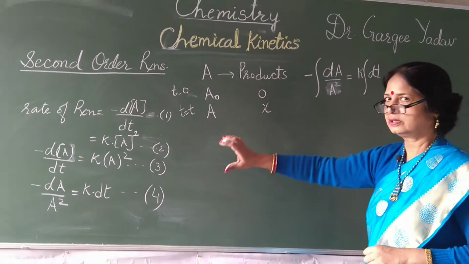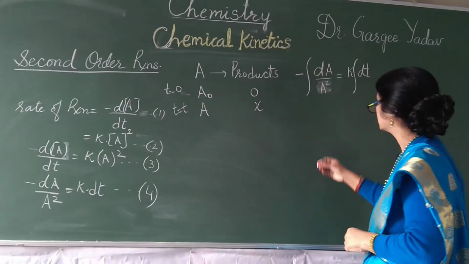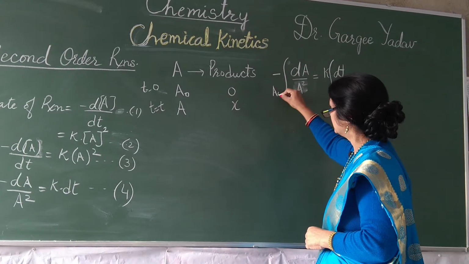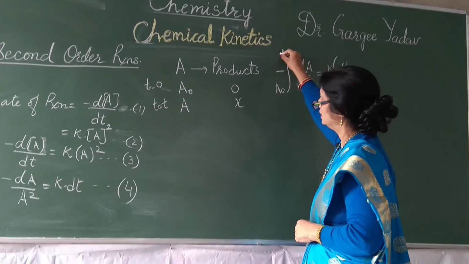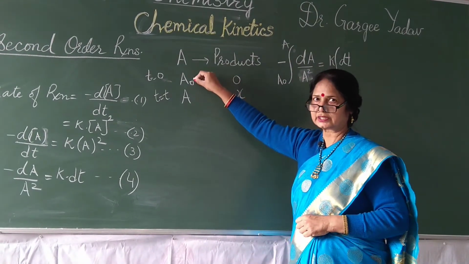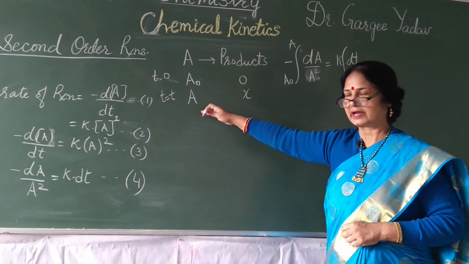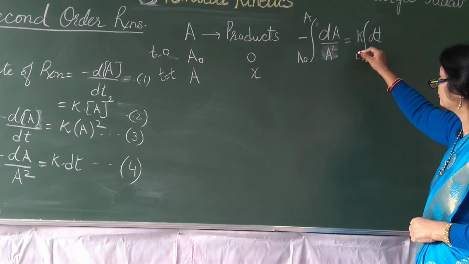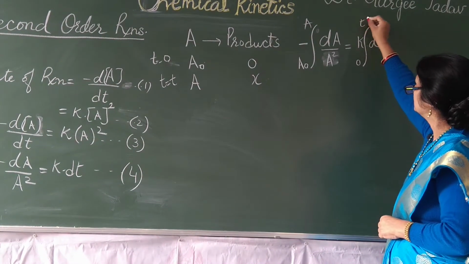Now we put the limits between which it is integrated. We put the lower limit and the upper limit. Lower limit being A naught and the upper limit being A. The lower limit is the initial concentration and the upper limit is the final concentration A. And here also the lower limit of t is 0 and the upper limit is t.